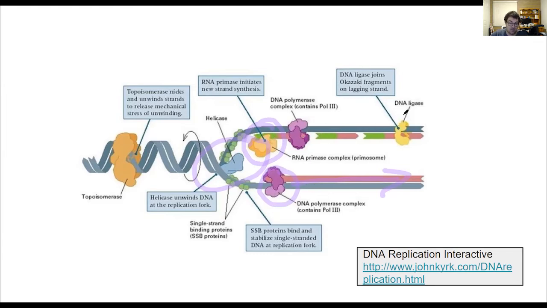Now, the reason for this, if you recall the structure of DNA, is that the backbone of sugars and phosphates has two different directions that it is running along, the 5 to 3 and the 3 to 5 direction. And these enzymes can only go in one direction.